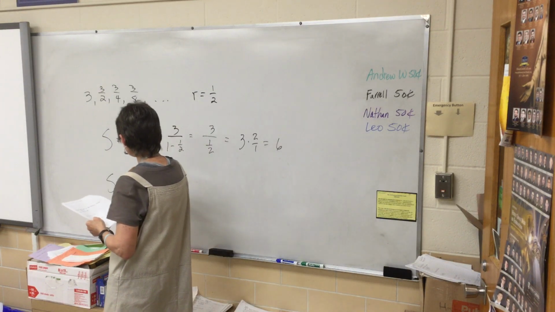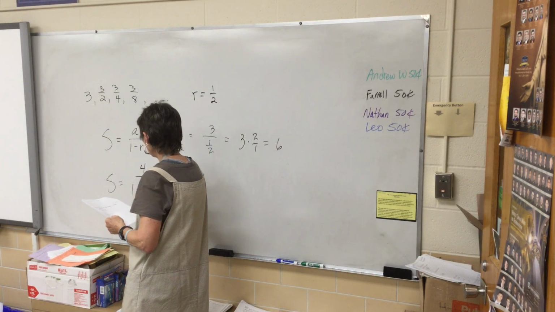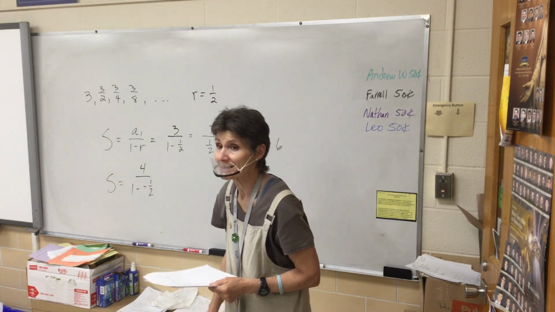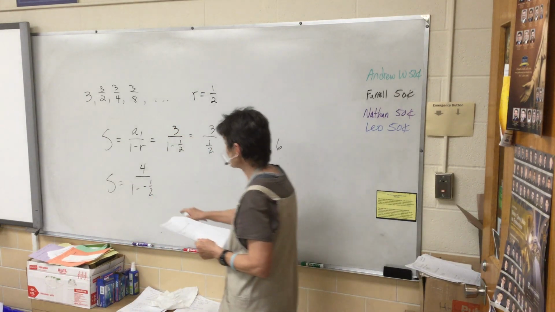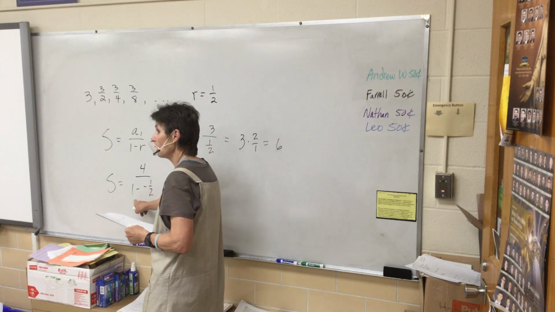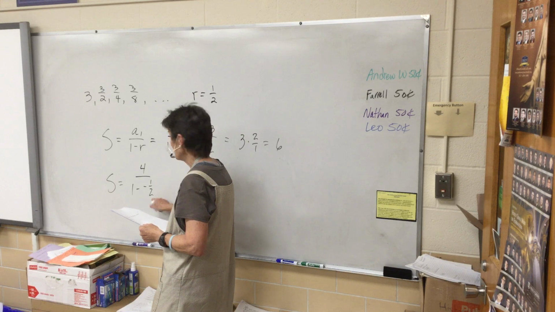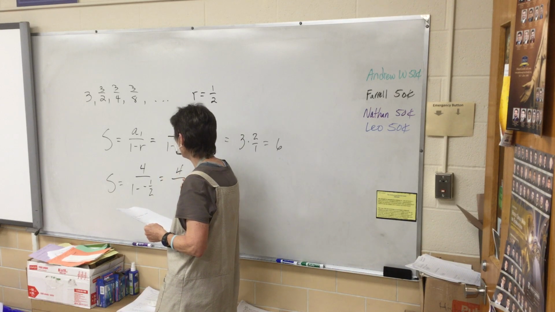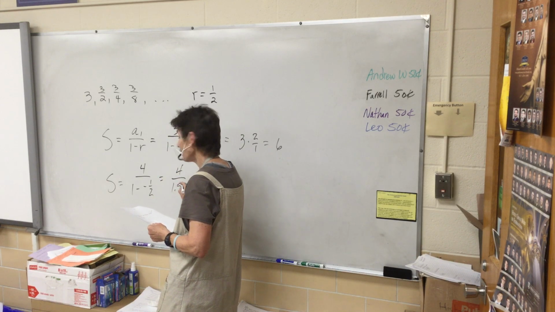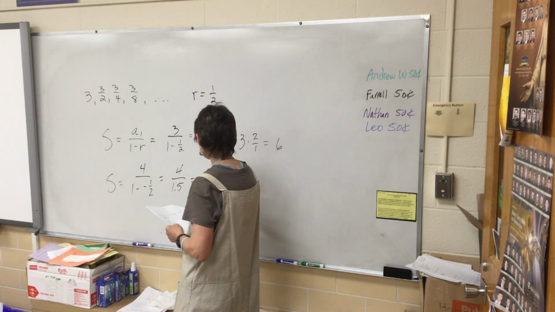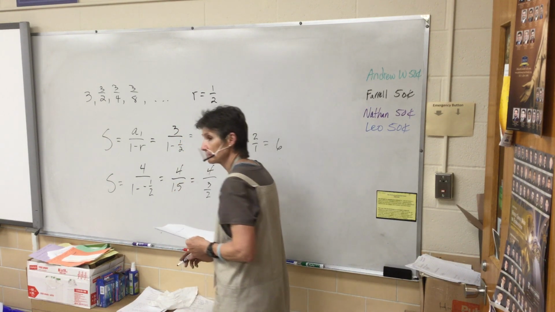It's going to be the first term divided by 1 minus the ratio. Now, since your ratio is a negative 1/2, this is going to be 4 over 1 minus a negative 1/2, which is going to be 4 over 1.5, or 4 over 3/2, whichever way you're doing it.